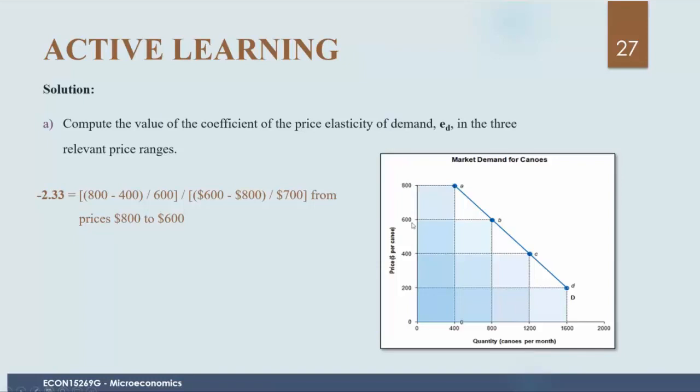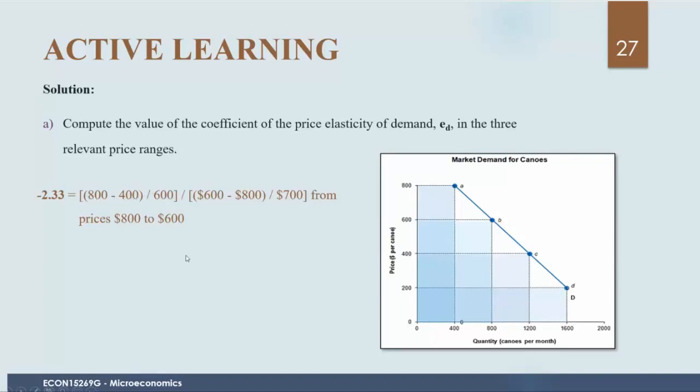Sorry, the question's asking for some reason, so this is the price. So 800 and 600, the quantity changes by 400. Between these 2 prices, the quantity changes by 400. So 800 minus 400 is 400. We divide by the average of these 2 numbers, which is 600.